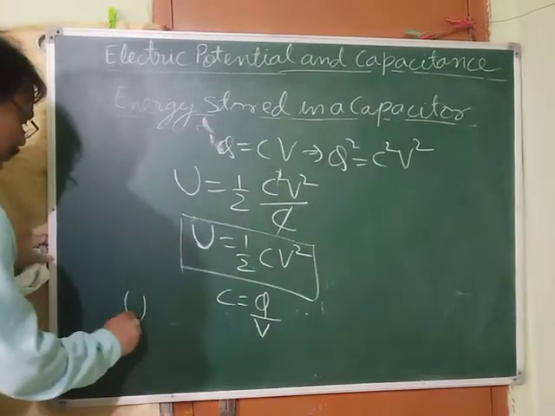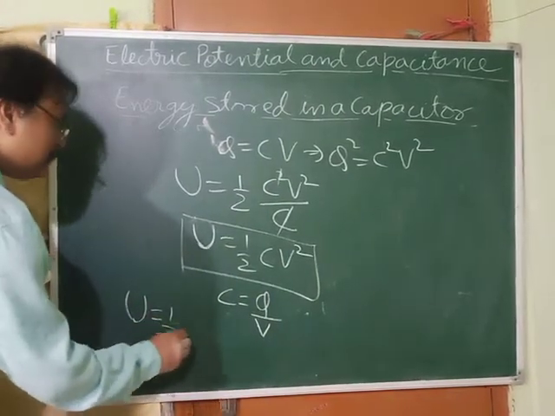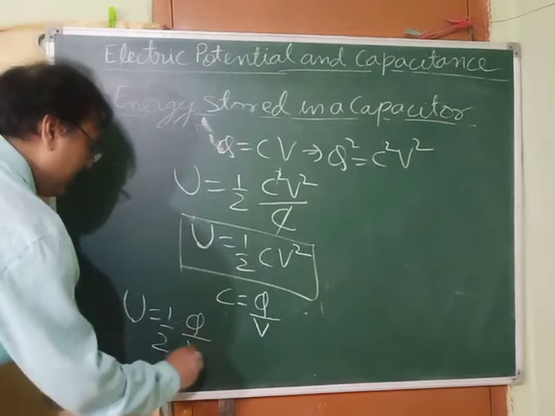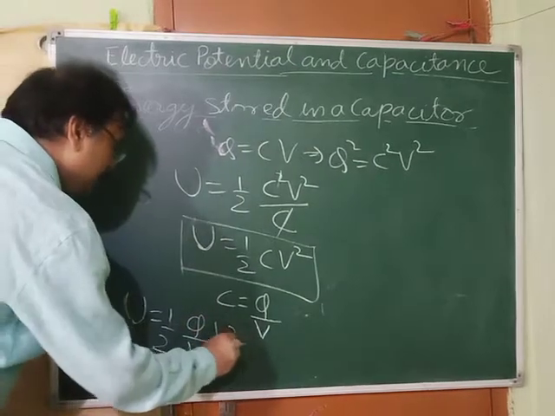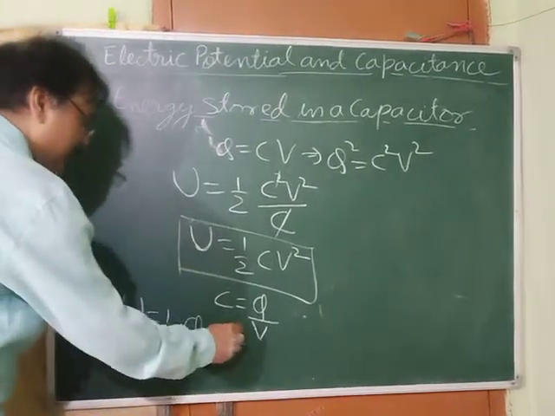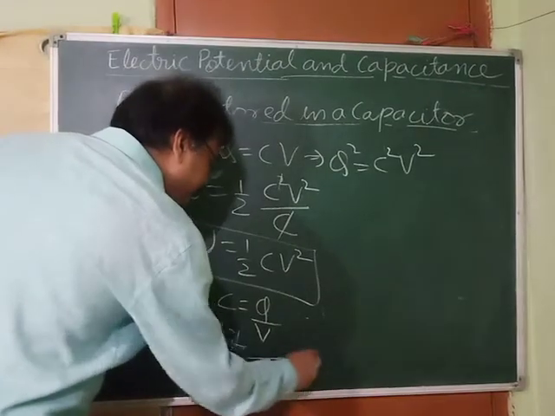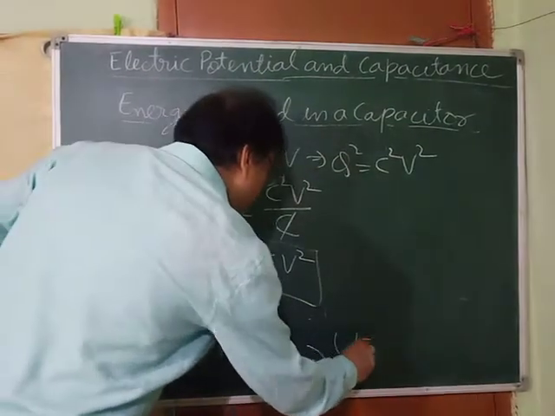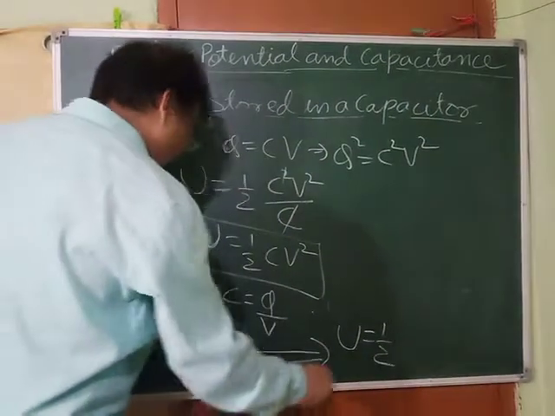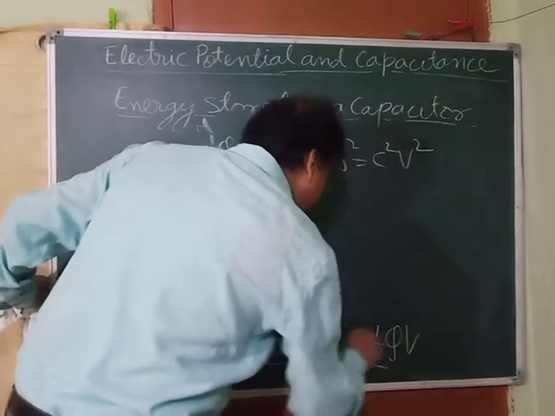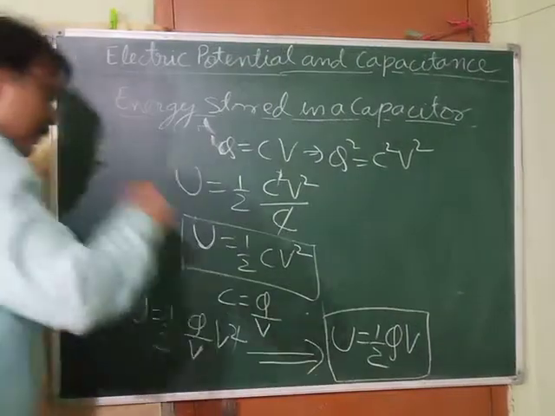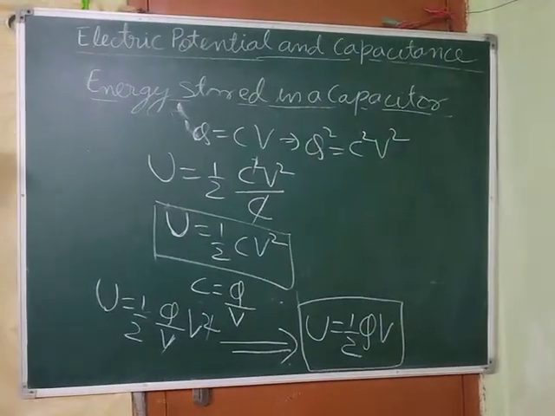U is equal to 1 by 2 Q upon V into V square. So this V square and this V cancel out, and finally we get U is equal to half QV. This is again a formula for electrostatic potential energy.